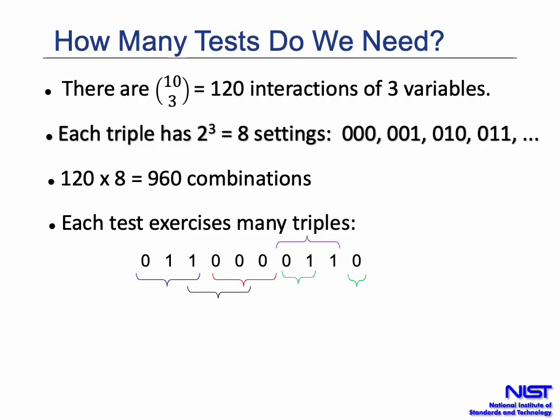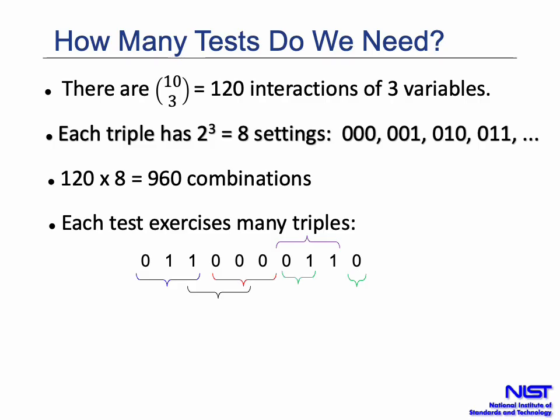And of course, these are binary values, so if we take 3 binary values, then we have 2 to the third, or 8 possible settings, obviously, 0,0,0, 0,0,1, and so on. So 120 possible combinations of 3 variables and 8 settings for each of these gives a total of 960 combinations.